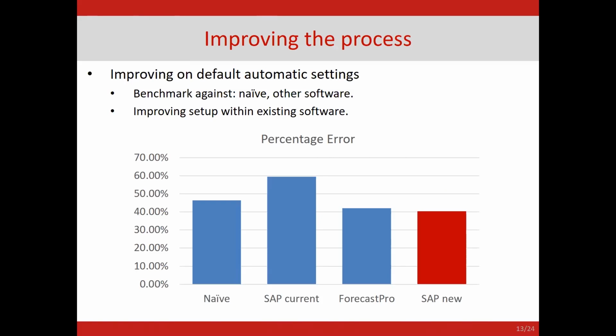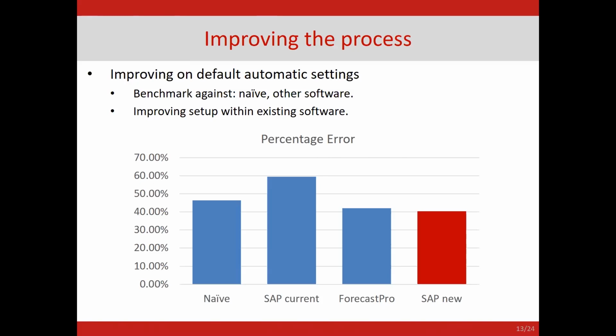Then another approach in terms of benchmarking is that naturally there are different software out in the market. So how about running the same data through a different software? What would be the accuracy here? So for example, as the slide suggests, if we used Forecast Pro for the same problem, you would get better accuracy, so smaller percentage errors. And in this case, the percentage errors were smaller than the naive.